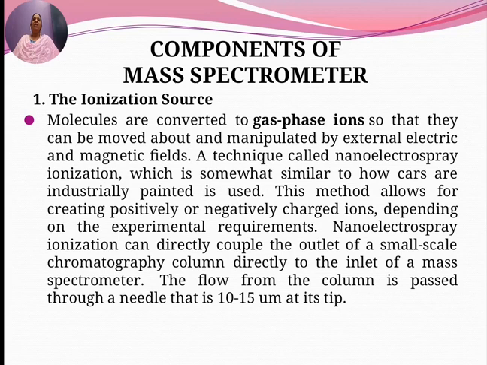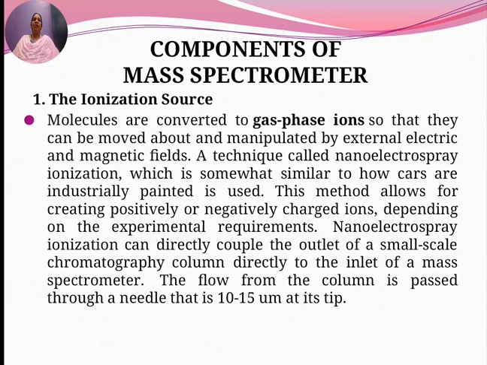Coming to a brief discussion about the components of the mass spectrometer. We have three components: the ionization source, the mass analyzer, and the detector system. Let us discuss the first component, the ionization source.